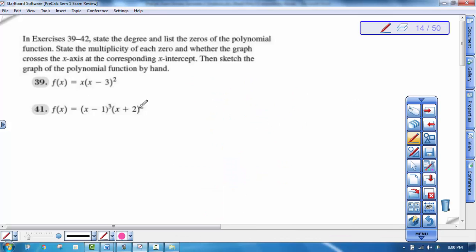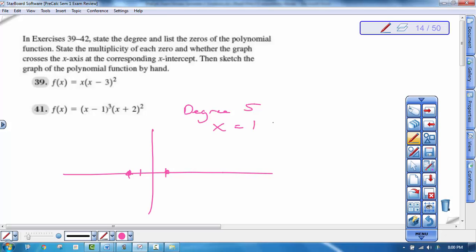The next one, if we were to FOIL all this out, we'd end up with a degree 5. So we know it's got the same basic shape of that odd pattern. We know the zeros are at 1 and also negative 2. And we know that the zero at 1 is an odd multiplicity of 3.